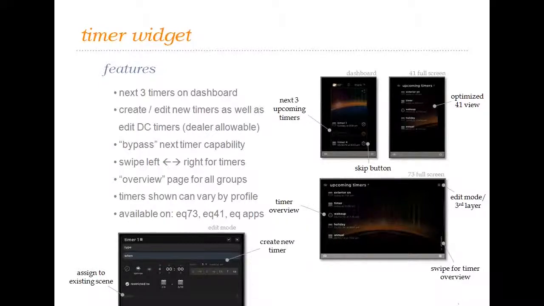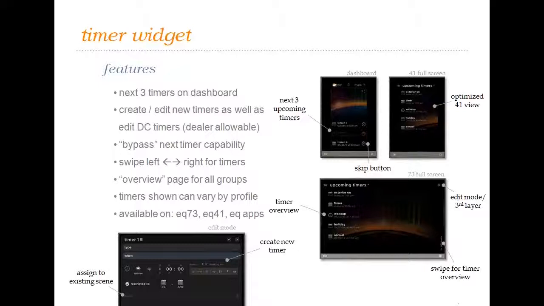One of the other benefits of this particular widget is that you'll be able to create and edit new timers if you choose. As you can see in the bottom left-hand graphic, it's very straightforward. It's like creating a timer in an app inside of your alarm clock widget in your iPhone or your Android phone apps.